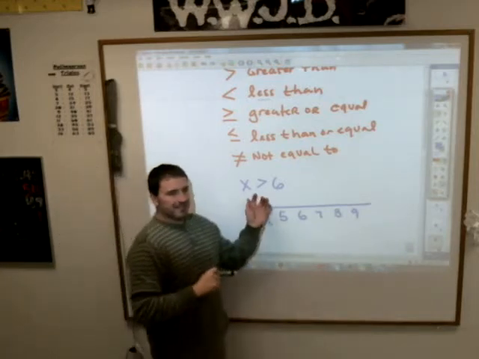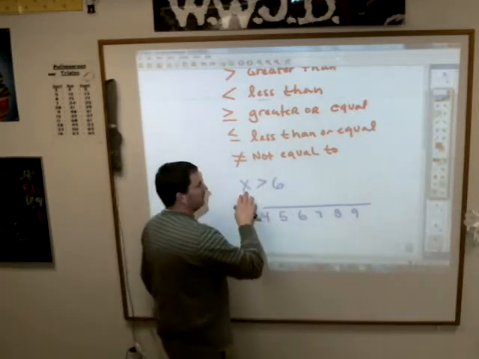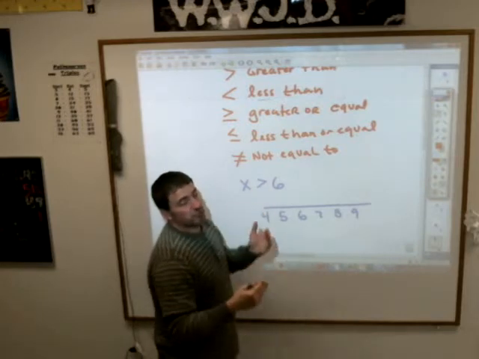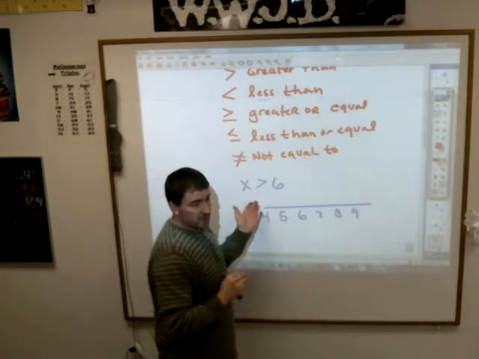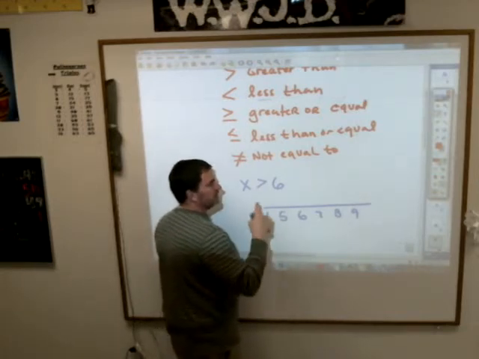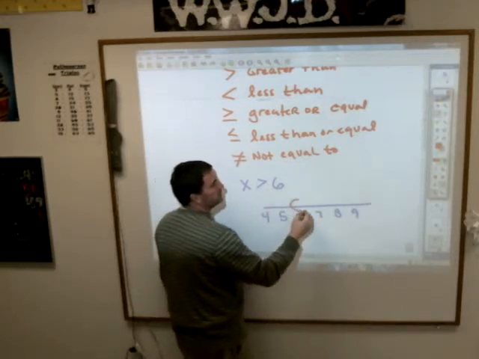To show this as an answer, first of all, x can't equal 6 because there's no equal sign there, but it starts right at 6. In other words, 6.1 would be an answer that would solve this, would be true, because 6.1 is bigger than that. So the way that you show that it starts at the number but doesn't include the number, it's an open circle.